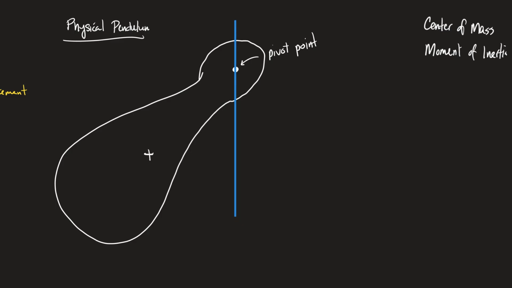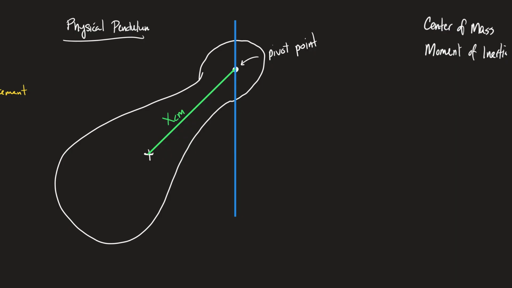And I'm also going to draw this line that represents the distance to the center of mass. We're going to need that because, remember, gravity acts at the center of mass. So I'm going to need to know the distance from the pivot point to the center of mass. That's how we're going to achieve torque on our object. So this is x, center of mass.